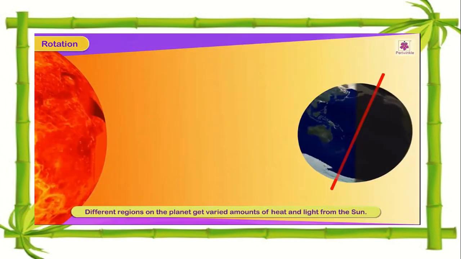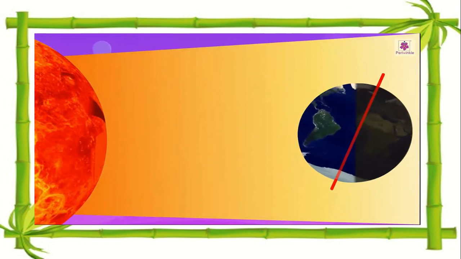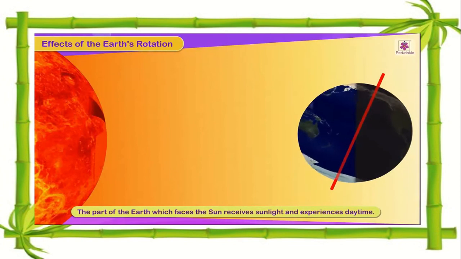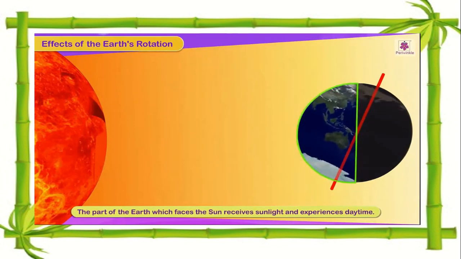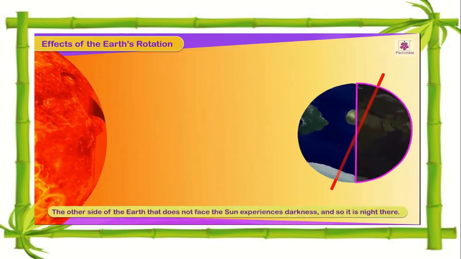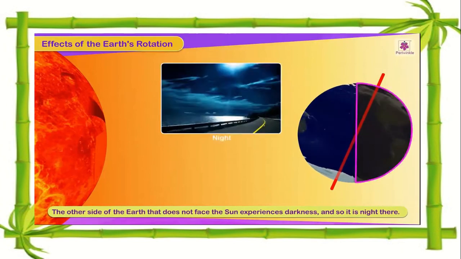Different regions on the planet get varied amounts of heat and light from the sun. Effects of the Earth's rotation. The part of the Earth which faces the sun receives sunlight and experiences daytime. The other side of the Earth that does not face the sun experiences darkness, and so it is night there.